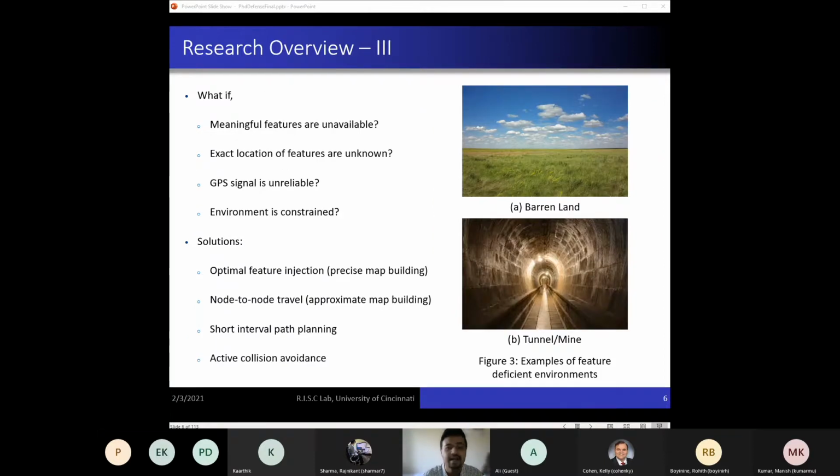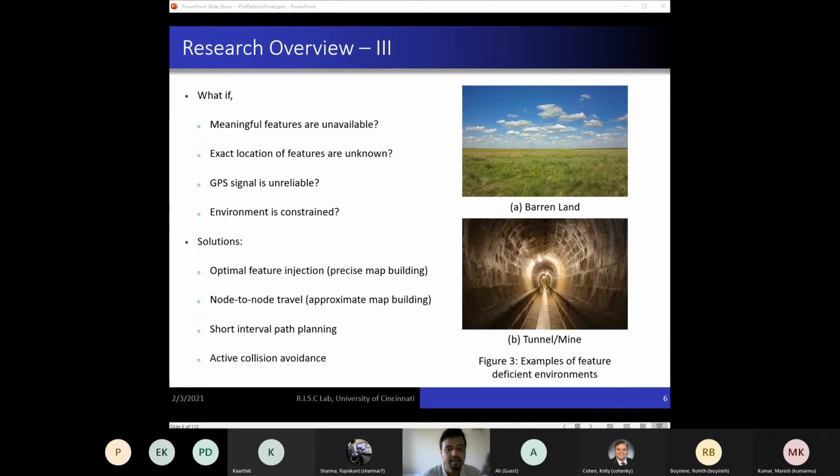So the questions that immediately follow are: what if meaningful features are unavailable? What if the exact locations of these features are unknown? What if the GPS signal is unreliable or unavailable? What if the environment poses other constraints, such as having repetitive structures or walls within which the vehicle is required to navigate, as shown in the figure?